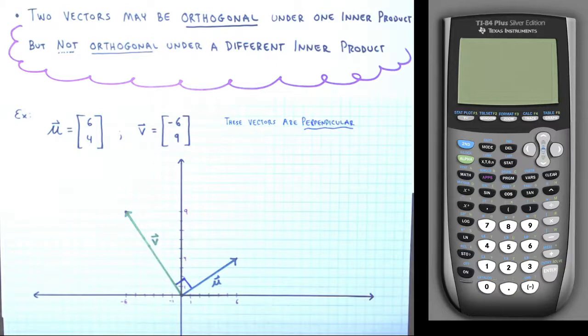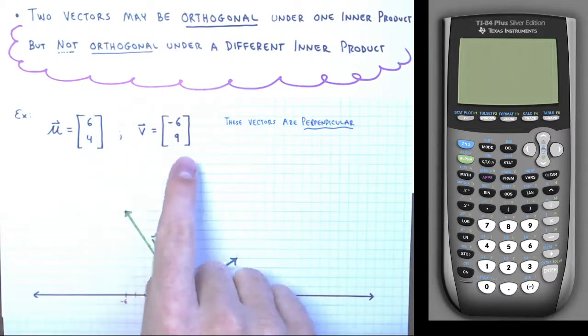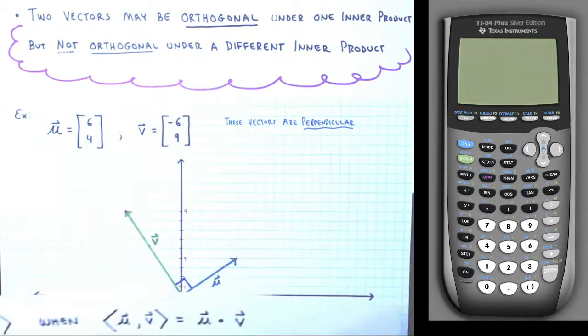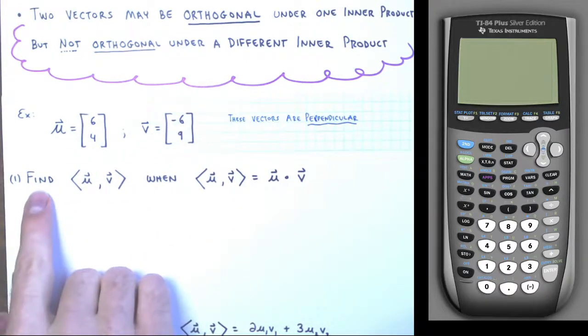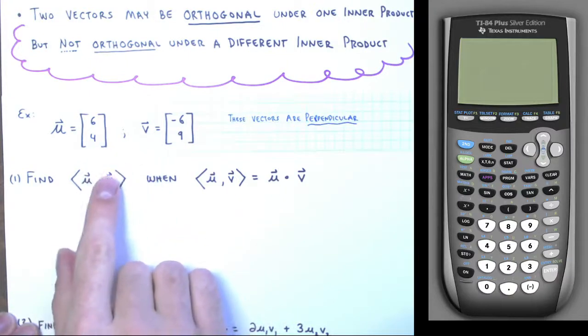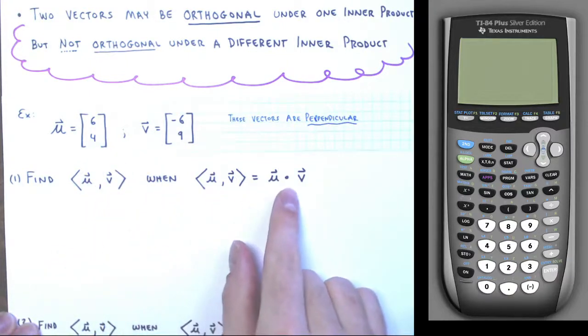So let me show you what I mean by that. Taking these same two vectors, 6, 4 and -6, 9, let's say I want to find the inner product of these two vectors when the inner product is the dot product.